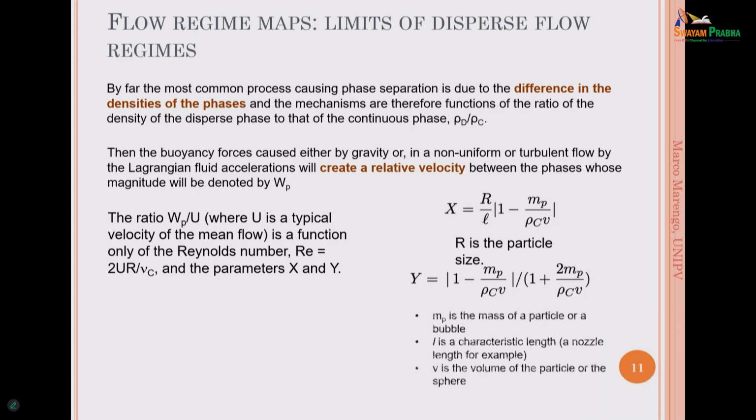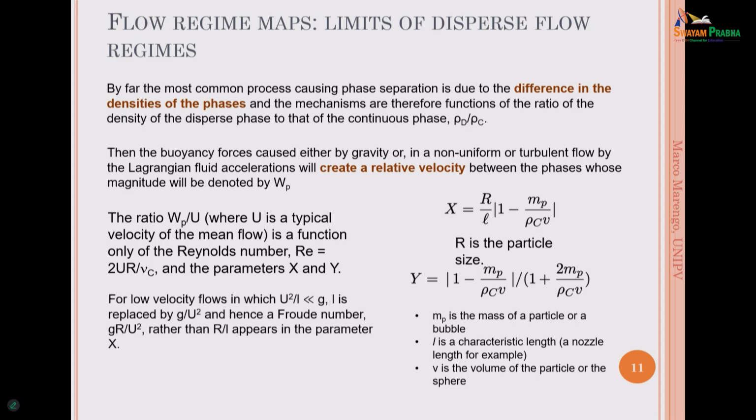R is the particle size, and MP is the mass of the particle. L is the characteristic length, for example, of the nozzle, and V is the volume of the particle or the sphere that we have. Okay, so then let's say asymptotic condition. I have no time to enter in this field, but what will be interesting is to understand how local accelerations of the dispersed component can influence the relative velocity, the mean relative velocity inside the flow.